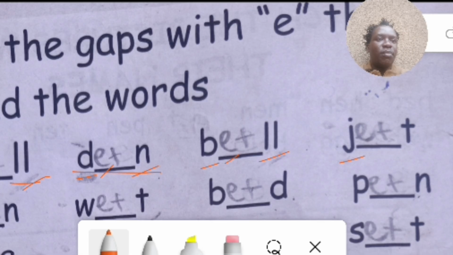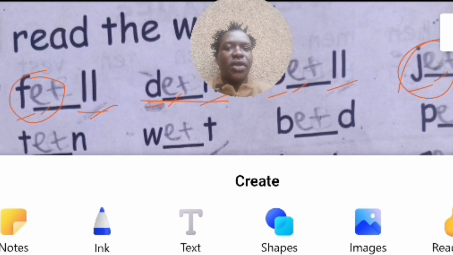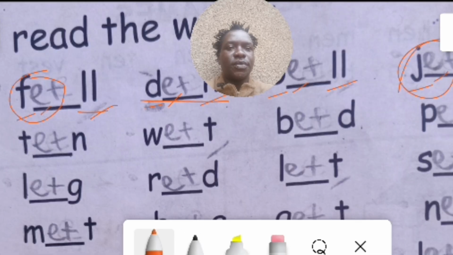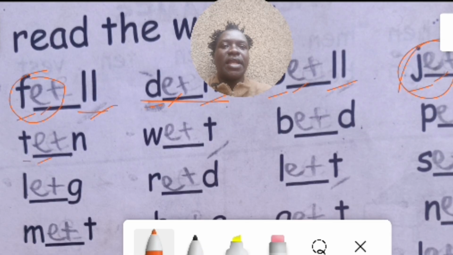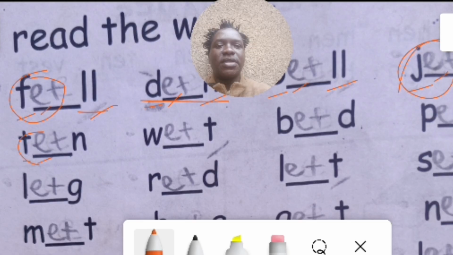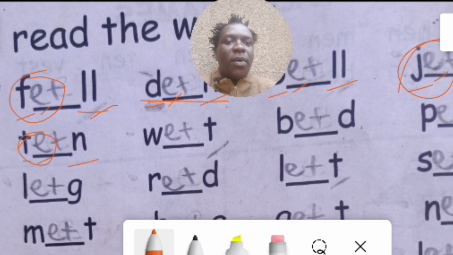Consonant J plus vowel A, that is je, okay? Je plus T becomes jet. Then here we have a consonant T plus vowel A, that is te, okay? Te plus consonant N becomes ten.